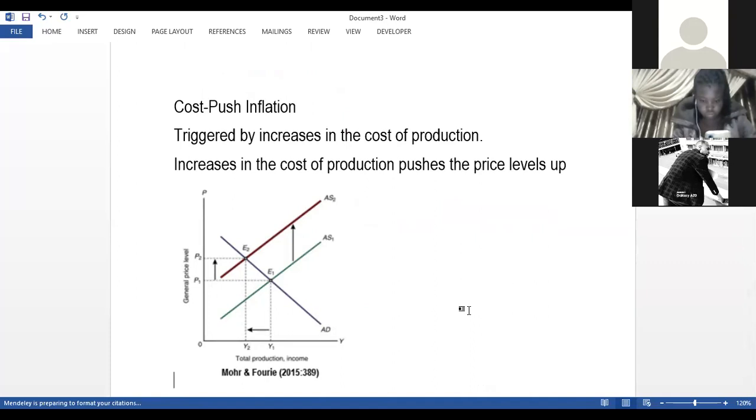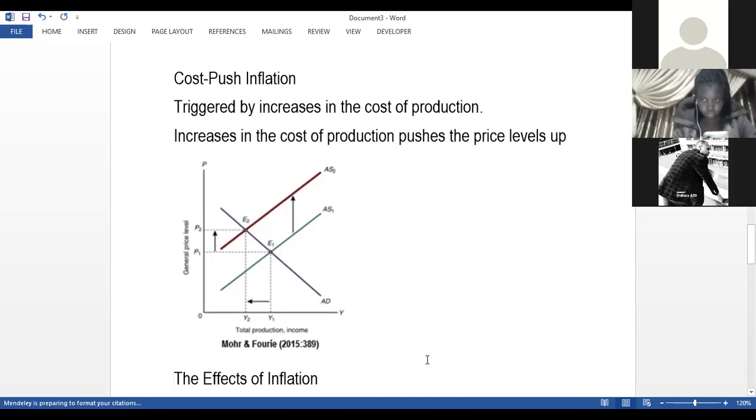So when you have an increase in the cost of production, it means it's going to be affecting the aggregate supply or the total supply within that economy in one way or the other. So below there, there's a graph that expresses that phenomenon of an increase in the cost of production.